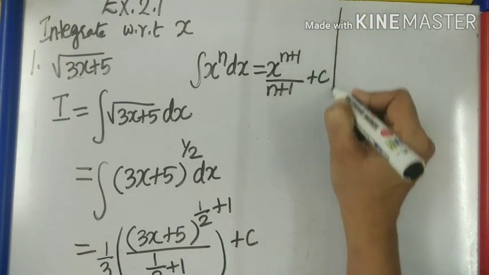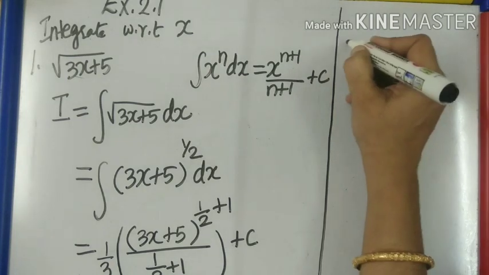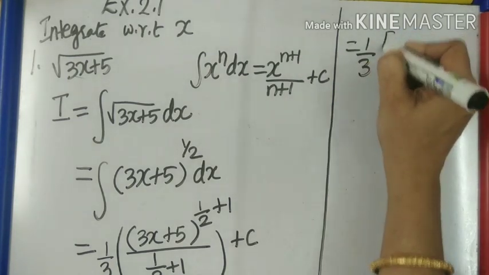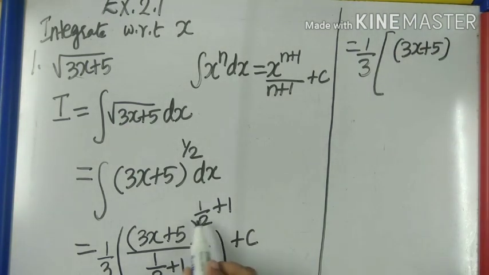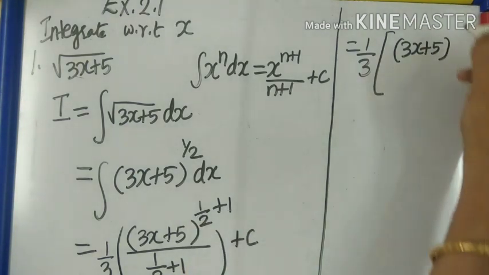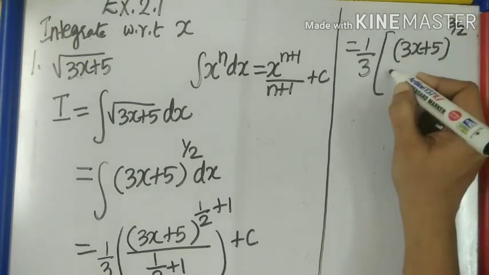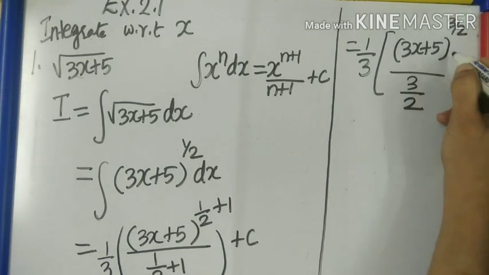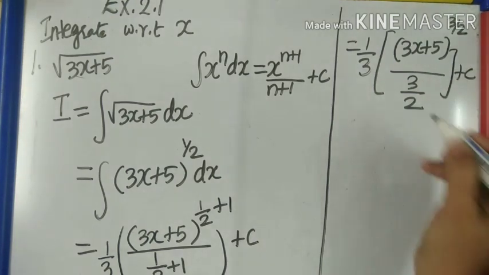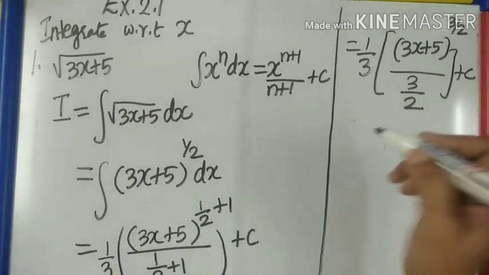Now let us simplify the problem. This is 1 by 3, (3x plus 5) whole power, half plus 1, that is 3 by 2. Denominator also the same, half plus 1 will become 3 by 2, plus c. Denominator 3 by 2, reciprocate.